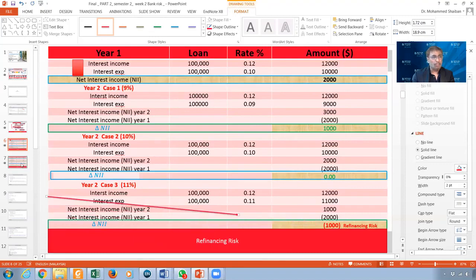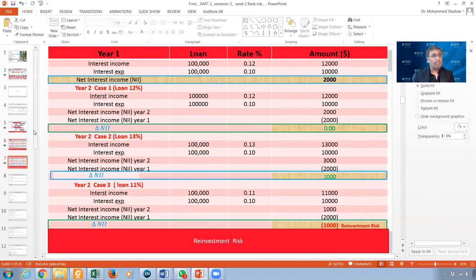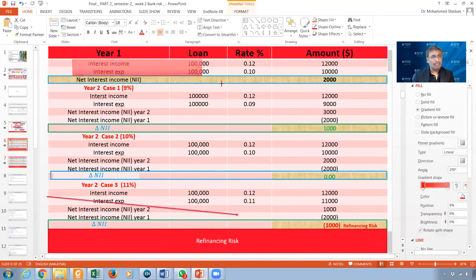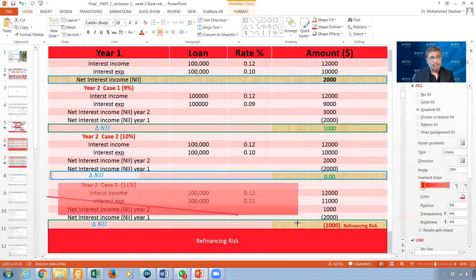Now let's talk about case 2, which is actually similar to what we said. So in case 1, for example, as I told you, my risk is here. My risk is actually in this place, in this area, in this box.